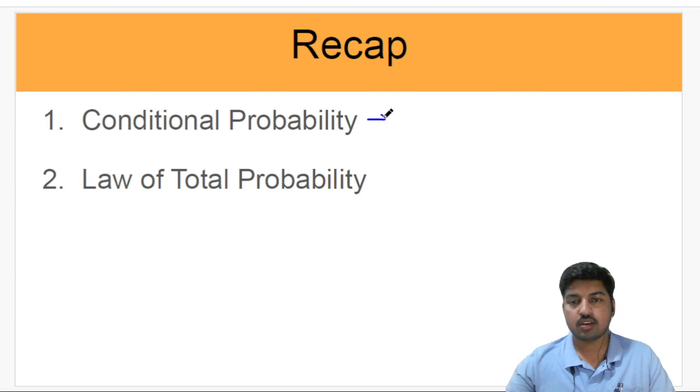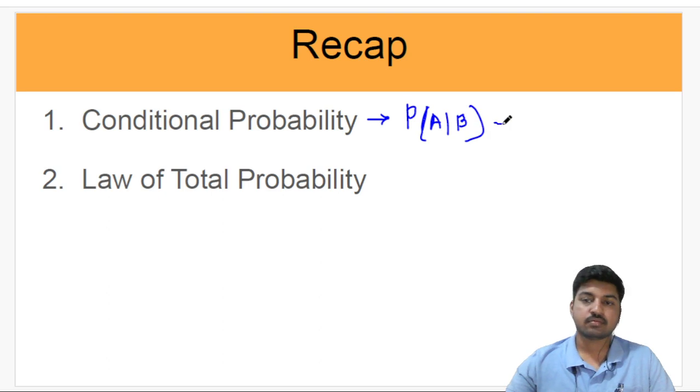Can you recall how we are calculating the conditional probability? How to calculate the probability of A given B? Conditional probability: event B has happened. What is the probability that event A will happen?